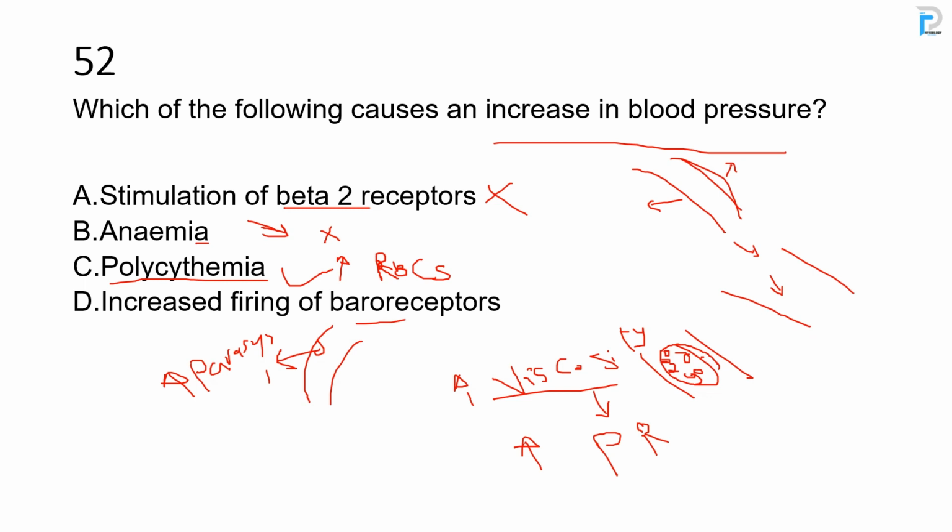The increase in parasympathetic activity will cause vasodilation and inhibition of the heart, and that will result in a decrease in blood pressure. Remember that increased firing of baroreceptors indicates an increase of parasympathetic stimulation to the heart and blood vessels. So of these factors, the one that increases blood pressure is polycythemia.